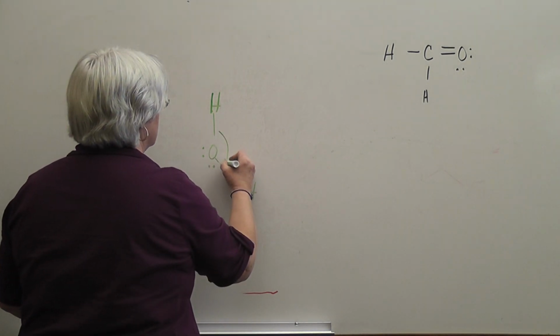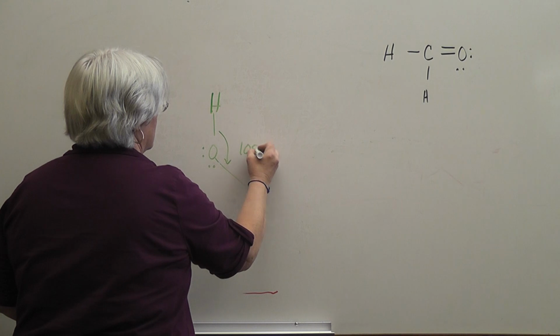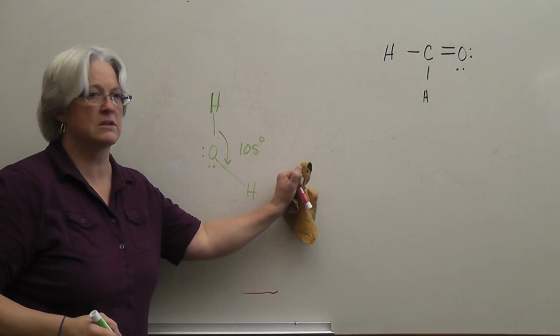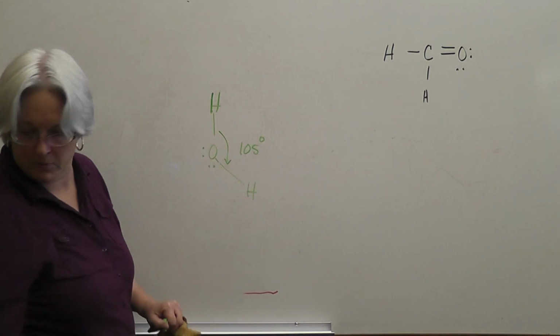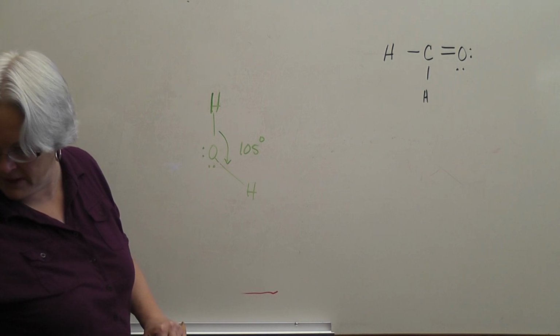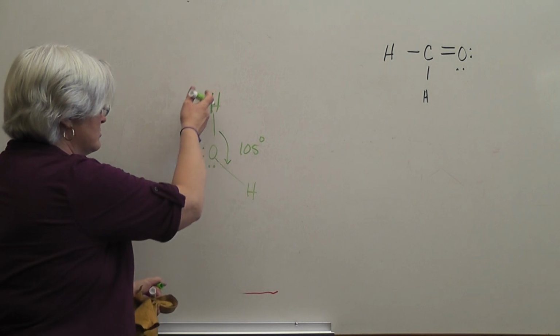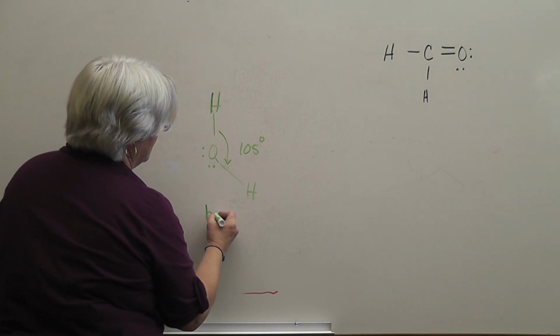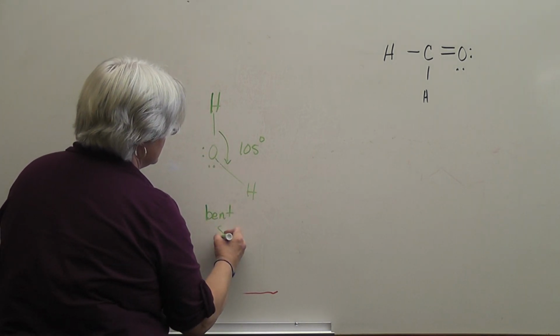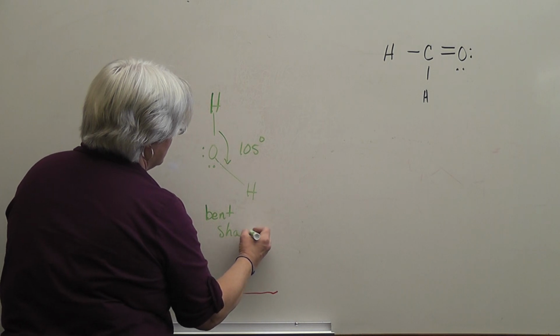And this is 105 degrees. And if you look at the picture on page 293, this is really a 2-dimensional molecule, and it sort of looks bent, so we're being very creative here. And we say that this is the bent shape.